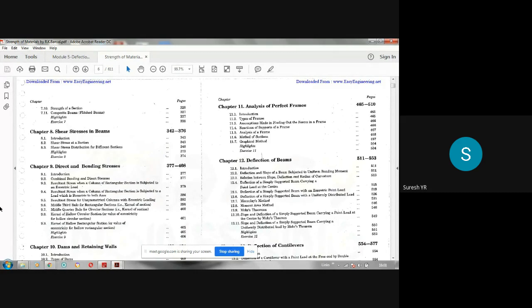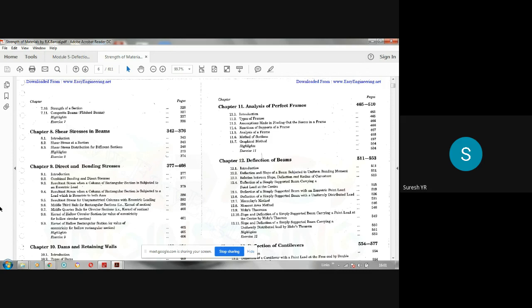Next, integrate once more. You will get the slope deflection equation. EI into y, dy by dx becomes y: 6 into x cube by 3 minus 5 into x minus 2 whole cube by 3 minus 15 by 2 into x minus 3 whole cube by 3 plus C1x plus C2.